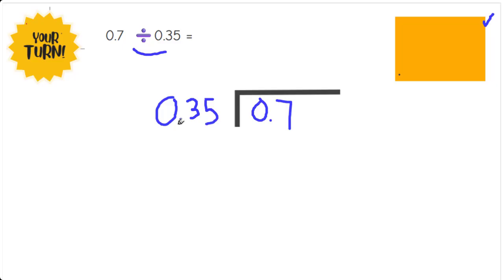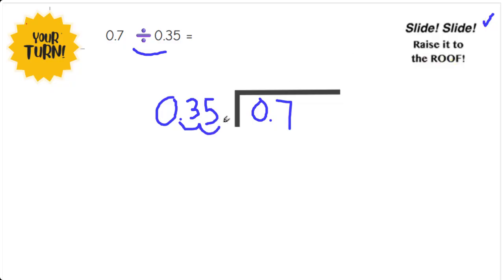We're going to slide, slide the divisor till it gets to the doorknob, and then slide the other one 2 times. 1. I need to have another number to move it again. 2. I did this one on purpose. You have to put placeholders. If you slide this one twice, you have to slide this one twice. It has to be the same.